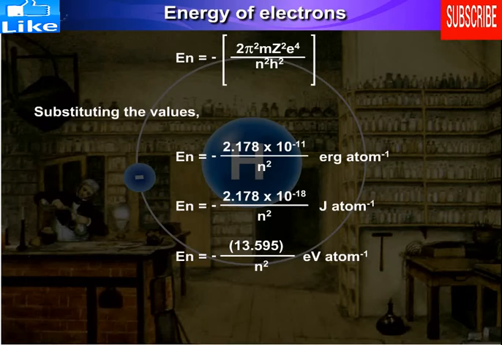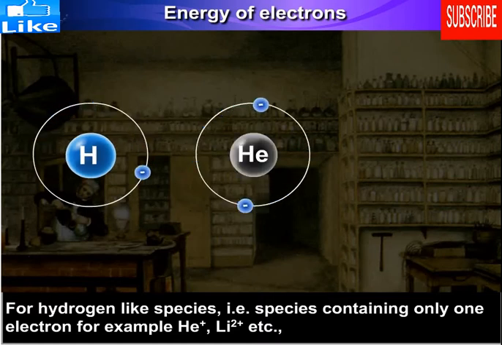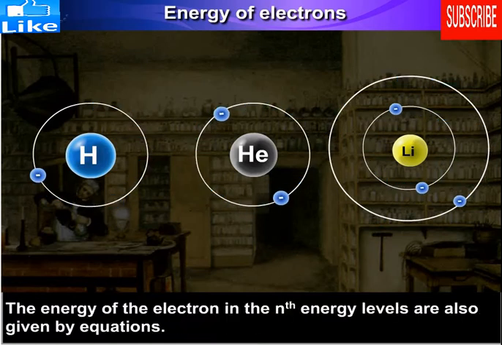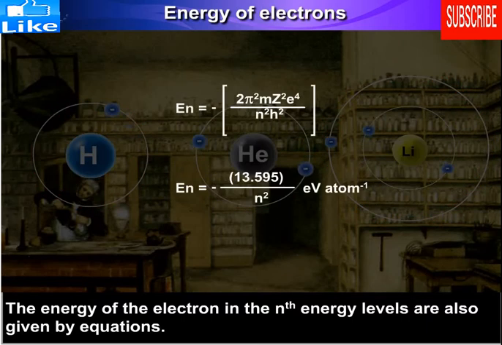En equals minus 13.595 upon n square, electron volt per atom, as 1 electron volt equals 1.60 into 10 raised to minus 19 joule. For hydrogen-like species, that is species containing only one electron, for example, helium plus 1, lithium plus 2, etc., the energy of the electron in the nth energy levels is also given by equations.